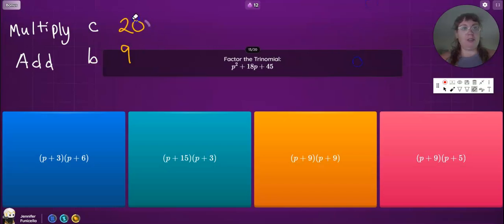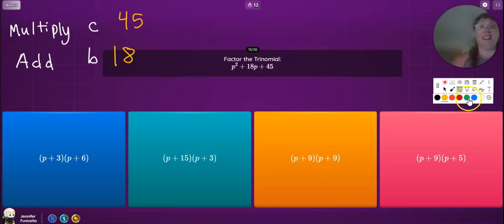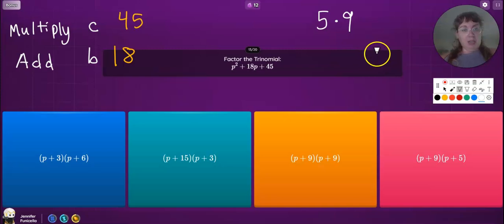Okay. Question 13. Our c value here is 45 and our b value is 18. Ooh, I know 5 times 9 is 45, but when you add those you get 14. So that's not going to work. Looking at my options, 6 times 3, that gets us 18, so that's not working.